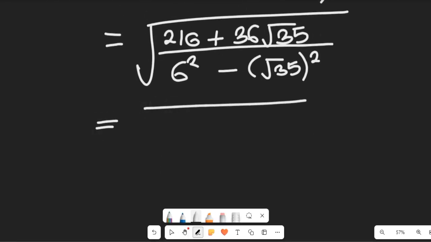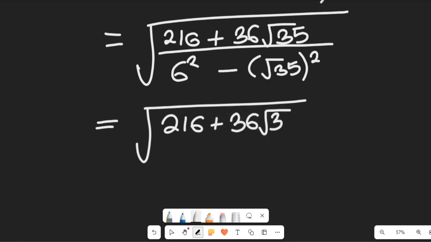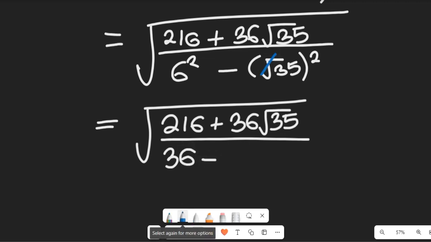If I simplify, my solution becomes 216 plus 36 multiplying the square root of 35, divided by 6 squared, which is 36, minus, the square root and square cancel out, so that gives me 35.